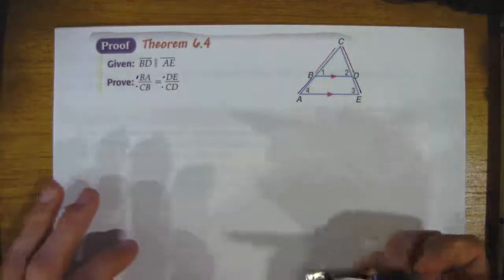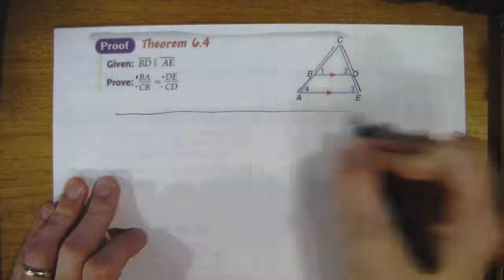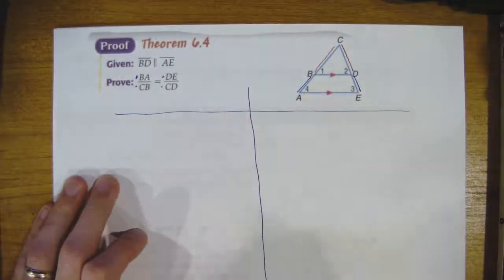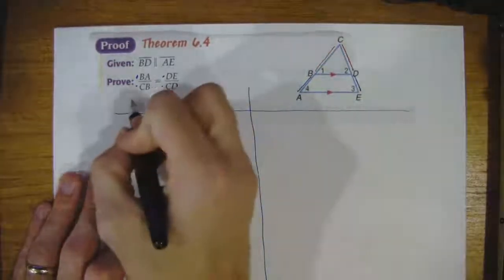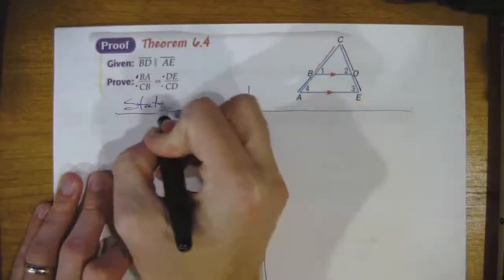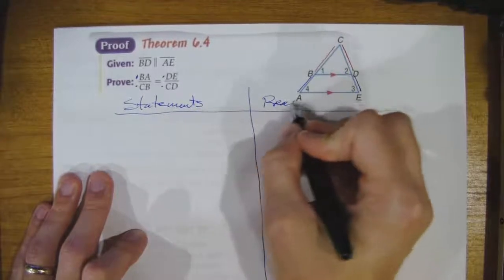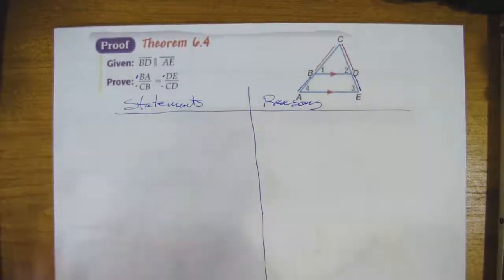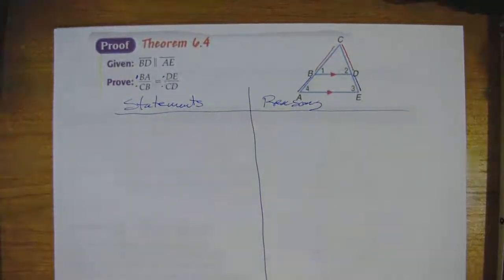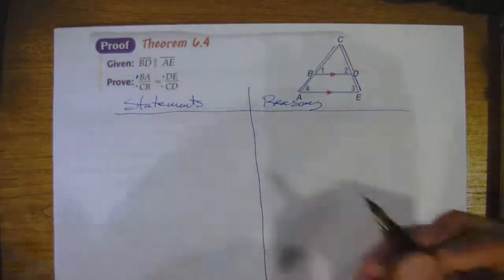We're not going to get super formal. It will be two-column, but we're not going to get too overly excited here about what we've got. So statements, reasons. There we go. And as we're going through this, again, we're going to try to keep it loosey-goosey. We're not going to get too technical here.